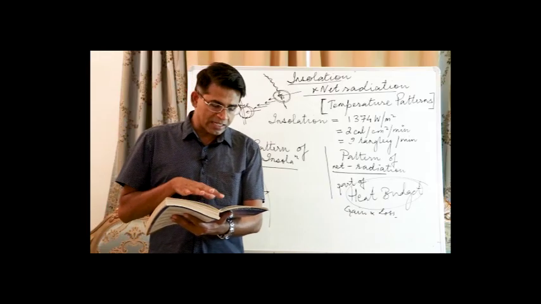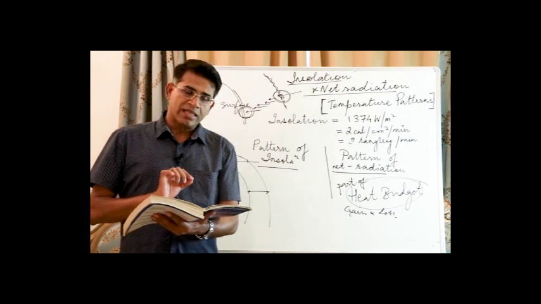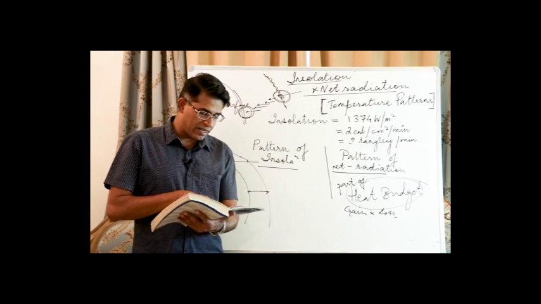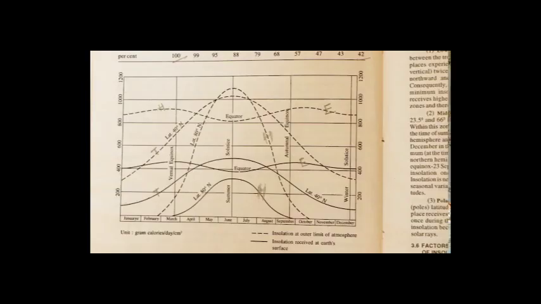Now, what we can see very clearly is that the highest amount of insolation received in the outer atmosphere is for the high latitude, which is the high latitude dotted line, which has a very sharp peak, which means that at any given year, the maximum insolation for a month is received at the North Pole or at the poles.